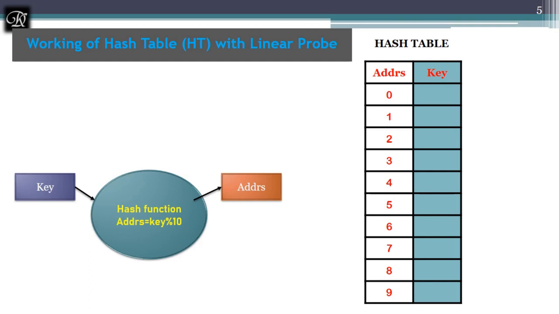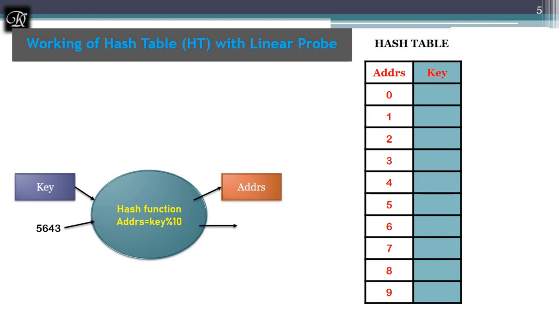That's why I'm discussing a single-digit address. If you are interested in a 2-digit address, rather than 10 in the hash function, make it 100. Whenever we are entering a key, the key considered here is 5643, which is given as an input to the hash function.